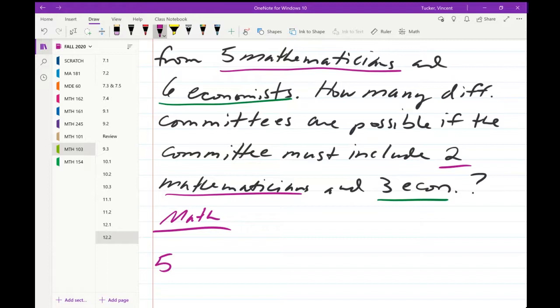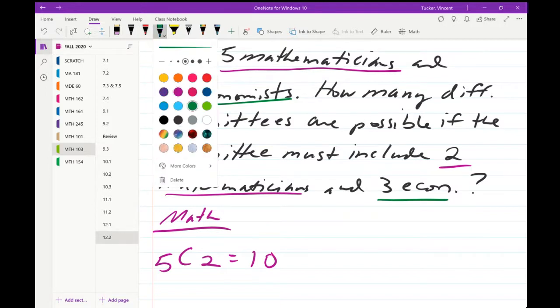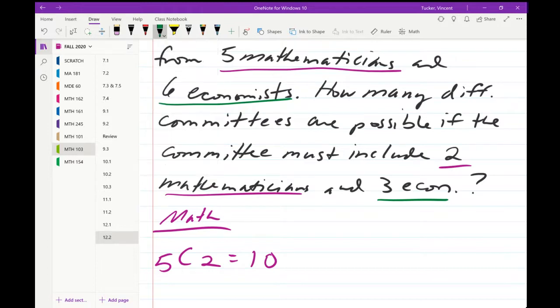So that would be 5C2, which is 10 after you put it in your calculator. Then you have your economists, and you want to choose 3 out of the 6. And 6C3 is 20.